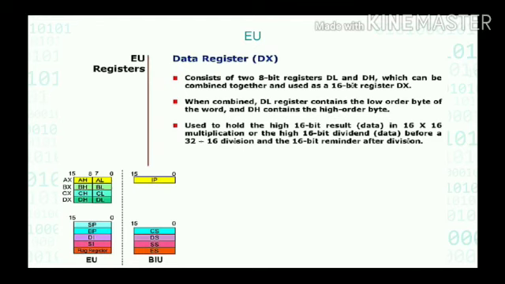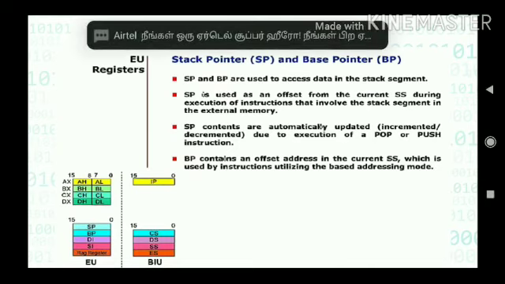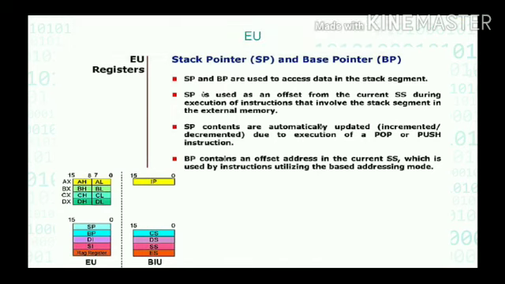Stack pointer and base pointer. SP and BP are used to access data in the stack segment. Stack pointer is used as an offset from the current SS during execution of instructions that involve the stack segment in the external memory.